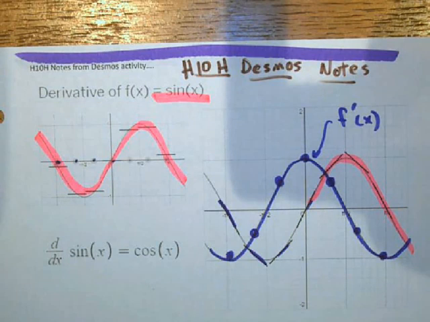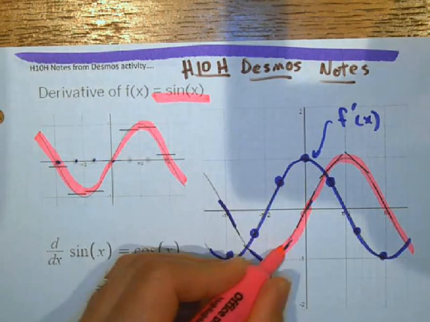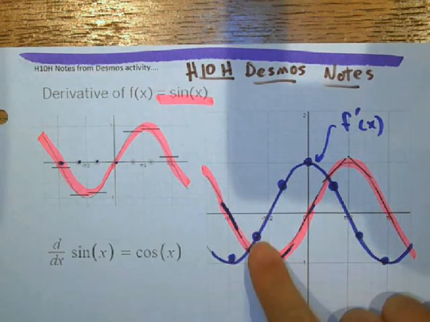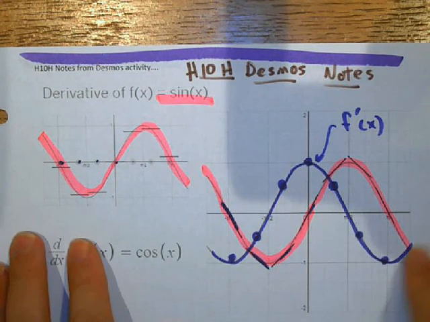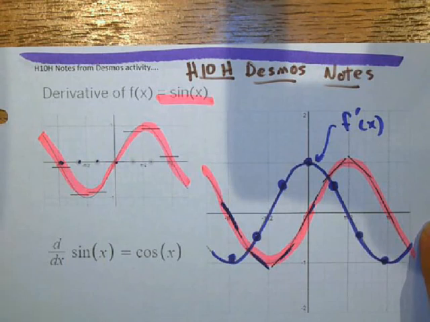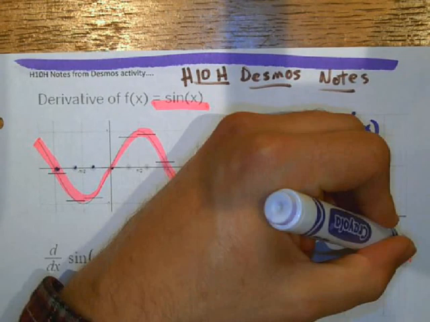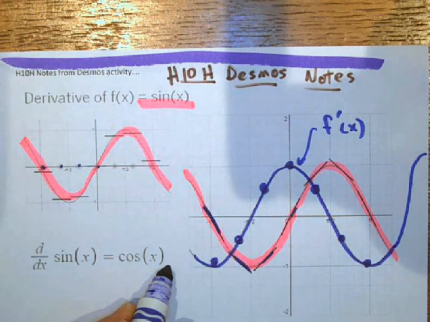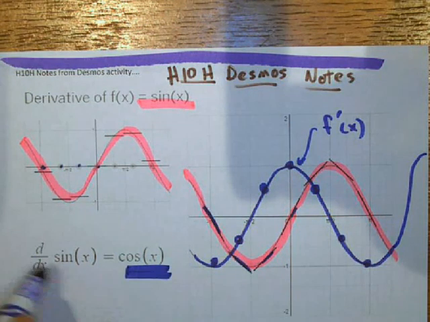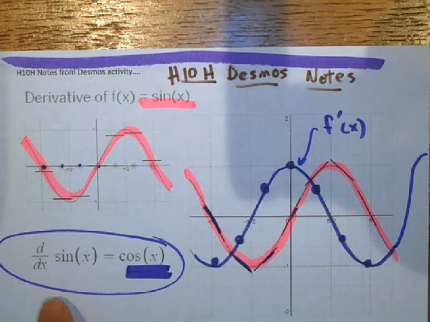Okay? So looking at this graph here, if it starts off on the top and ends up back like this, it would go like that, right? So we discovered that the derivative of sine x is going to give us cosine x.